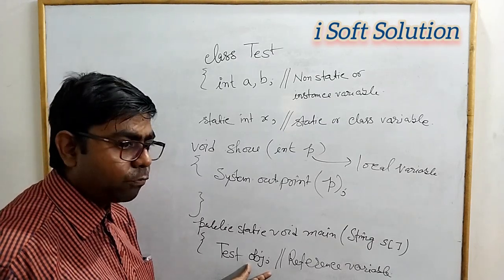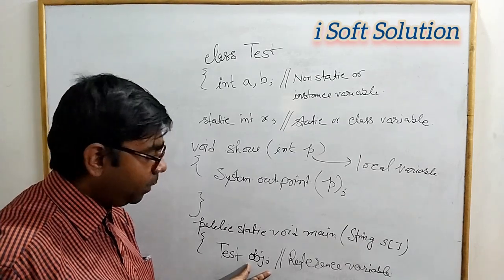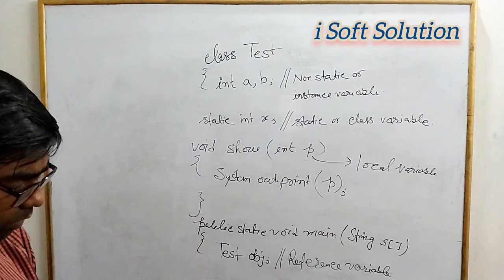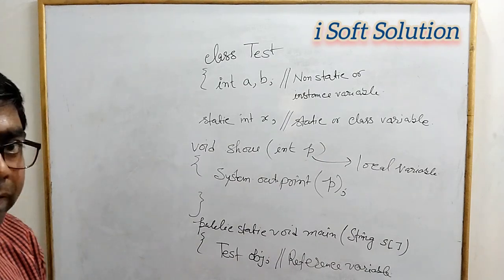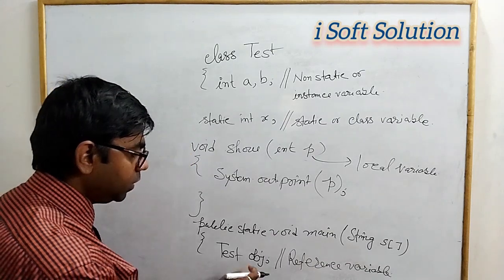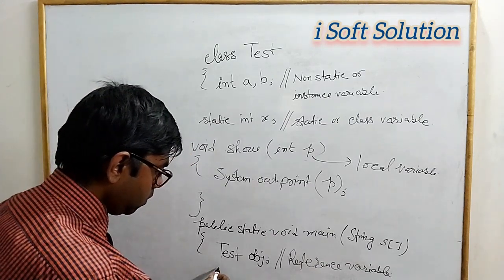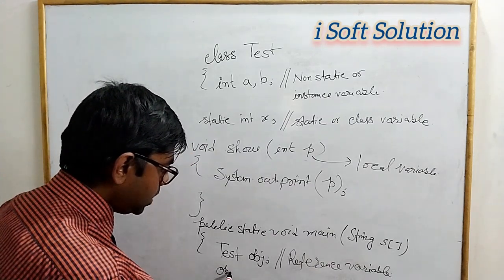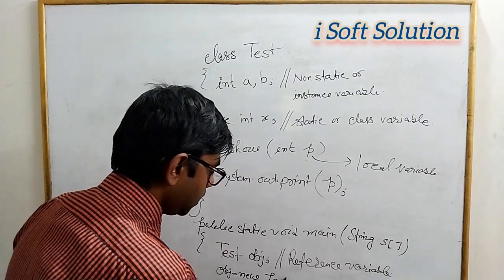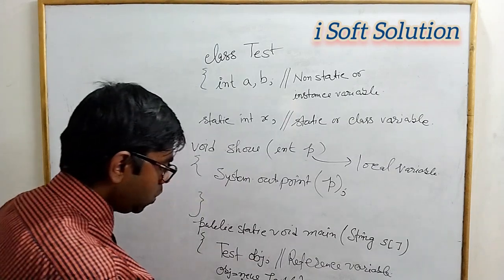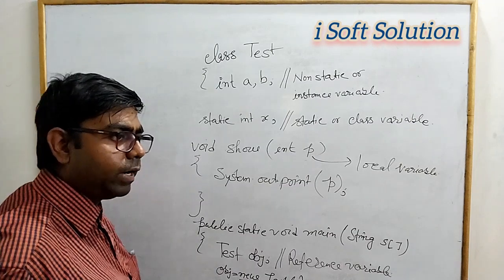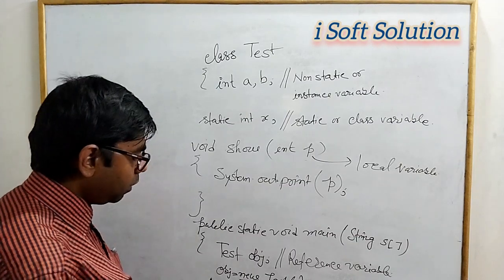Now, some of you have thought that the obj is known as an object. Now, I am going to tell you that the object is coming into existence when the new operator is associated with this particular statement. So, if I write obj equals to new test, the new is the keyword which is actually responsible for allocating dynamic memory space for the object.